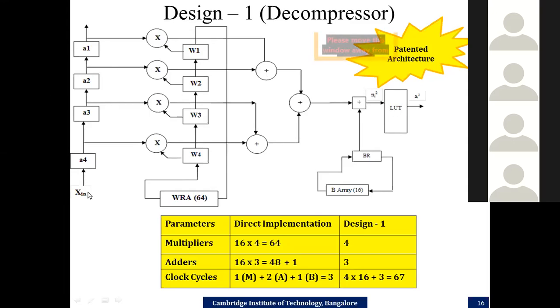So this is another structure for the decompressor, wherein you share the single neuron but keep changing the weights and biases and use the same multiplier and adder structure to compute the output. In this design, you need only 4 multipliers and 3 adders, but 67 clock cycles.